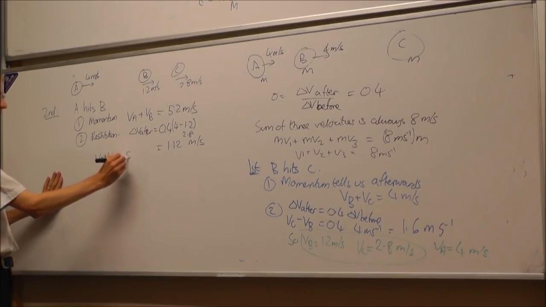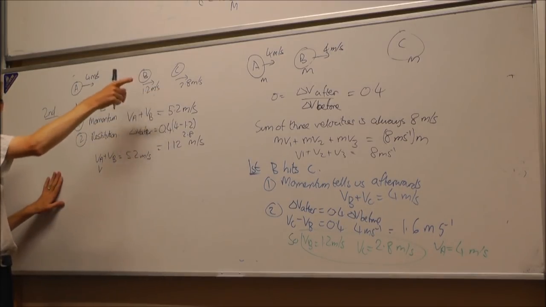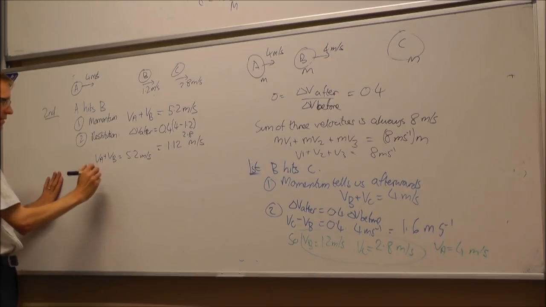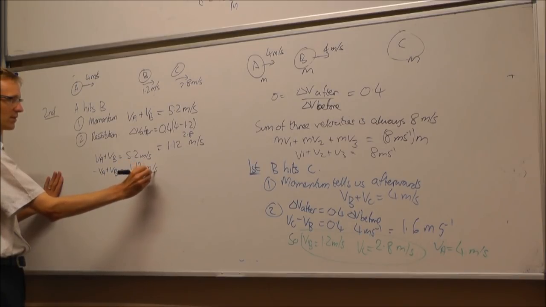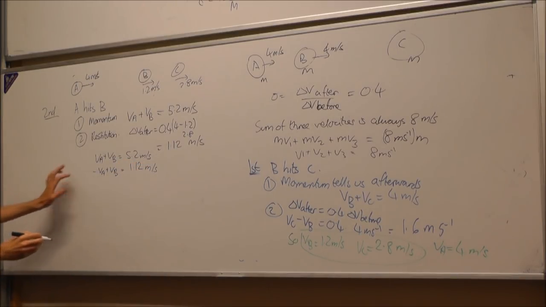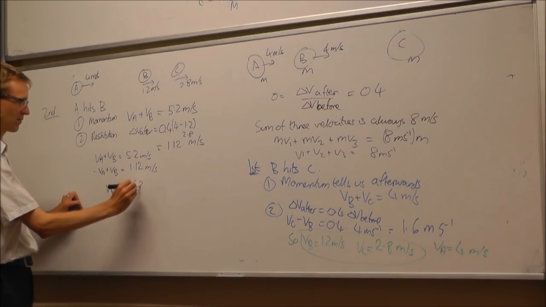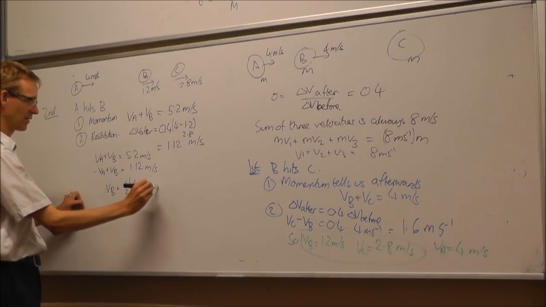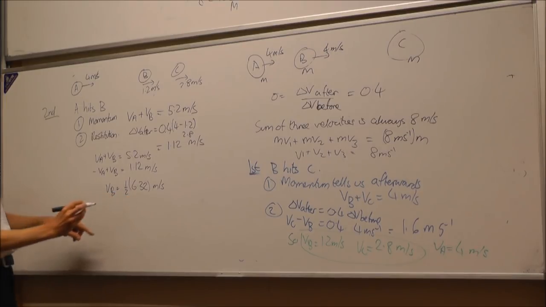Again, VB will be moving quicker after the collision. So minus VA plus VB equals 1.12 meters per second. Add and divide by 2 to get VB. So VB is half of 6.32, which is 3.16.